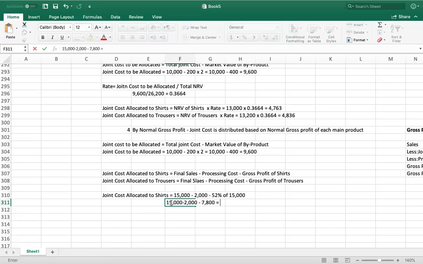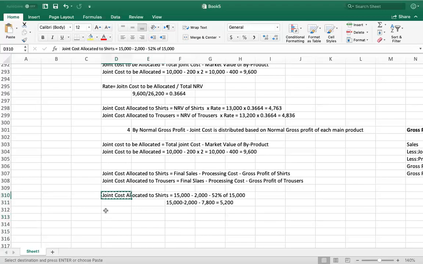So it gives you 15,000 minus 2,000 minus 7,800. This will give you 5,200. So it means 5,200 of cost will be allocated to shirts.